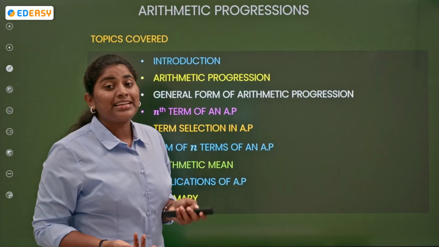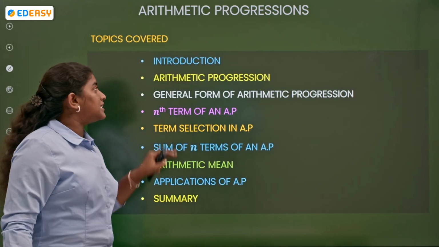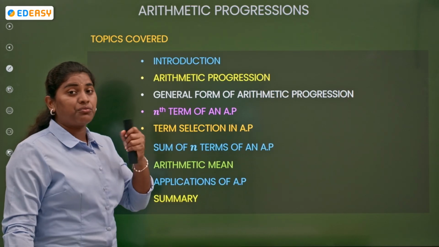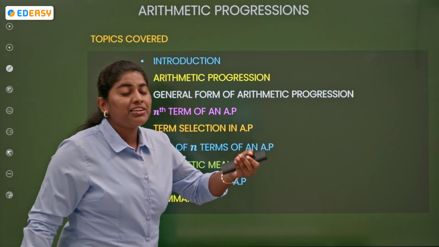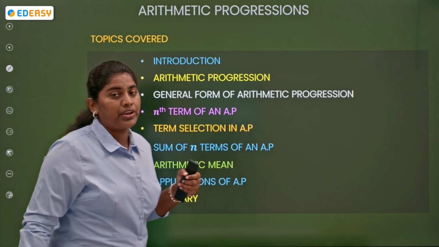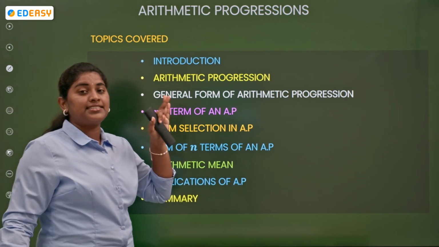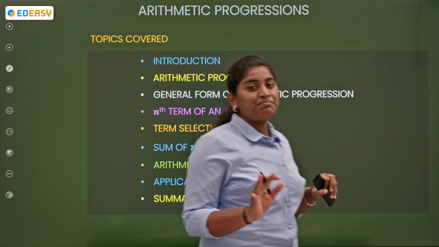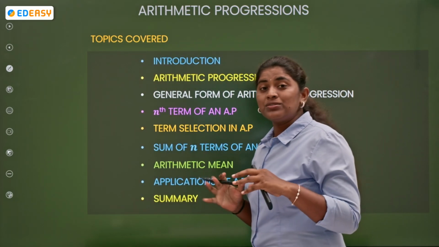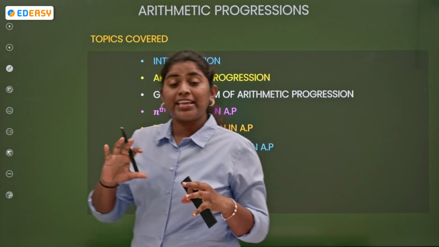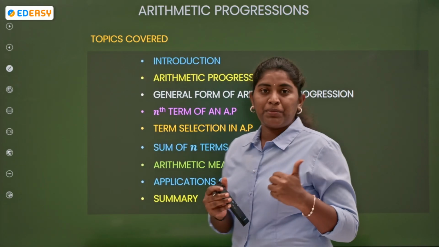Now let's see what topics we are going to discuss today. First, the introduction, like how we get an arithmetic progression from a given list of numbers. Next, what an arithmetic progression is, its general form, and the nth term of the arithmetic progression. Then I will tell you how to select the terms in an AP.